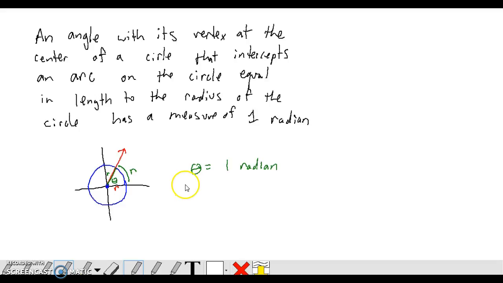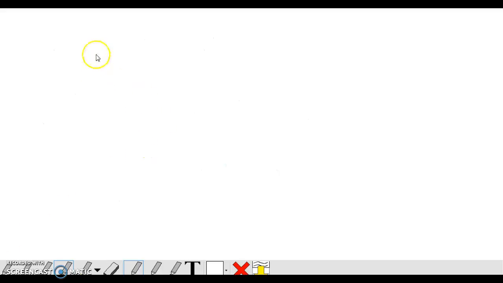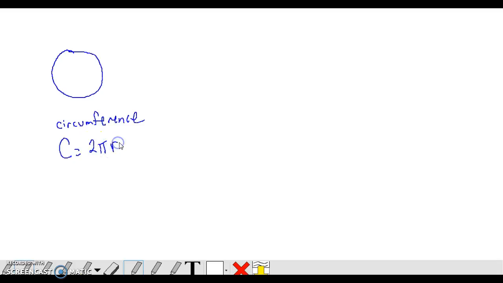Okay, but what is a radian in terms of a degree? Like how big is this? So let's think about a circle, right? So here is again a lovely circle that I drew, and if I wanted the distance around, which is called the circumference, and I know that my formula is c is equal to pi r squared.